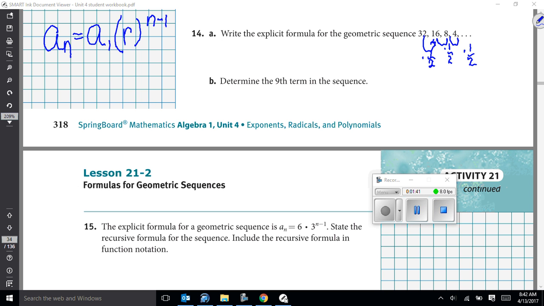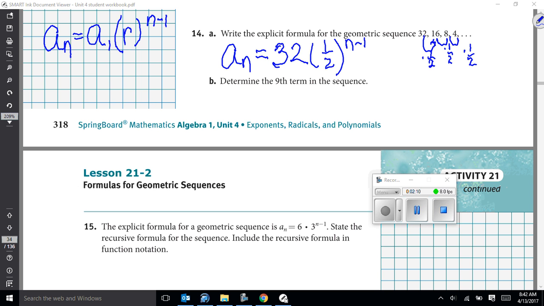So building this one, we want just a generic equation. What's the first term? 32 times 1/2, and then n minus 1.